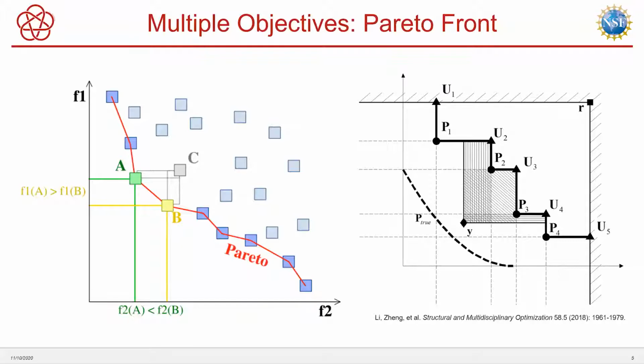And what this gives us is a Pareto front, which says which points give optimal trade-offs between the two objectives. So you'd like to find that Pareto front and then choose a set point where the objectives are Pareto optimal.